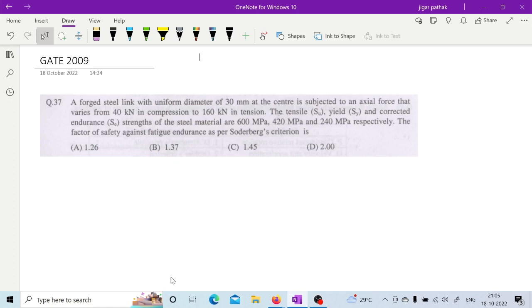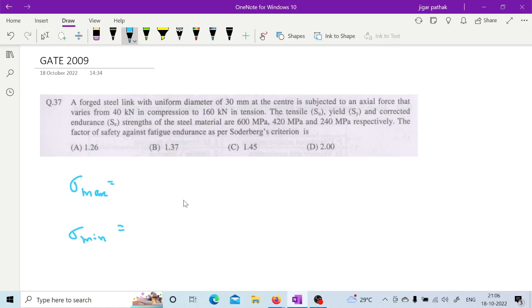So for this, first you need to calculate sigma max and sigma mean from the given force.